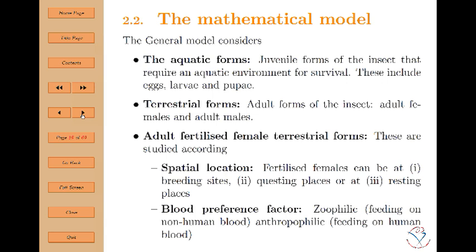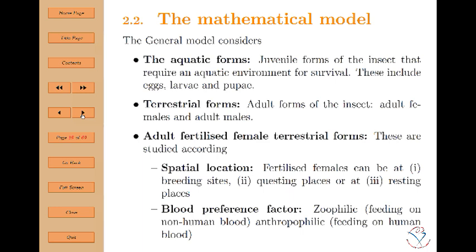The mathematical model we have is a general model which has three stages. The aquatic forms, which are the juvenile forms of the mosquito, live in a water environment. The terrestrial forms are the adult forms of the insect, and they come in two types: the adult males and the adult females.